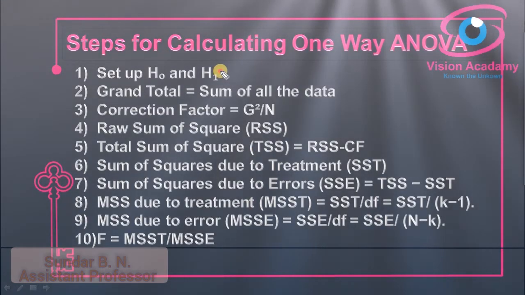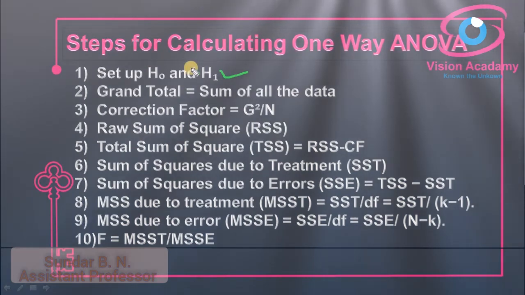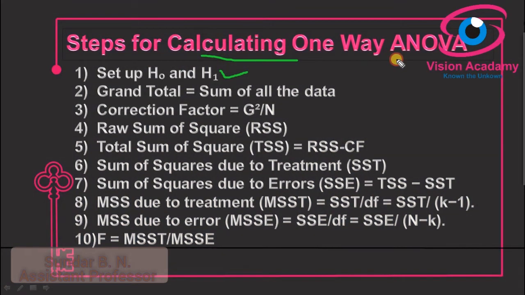In my second video I have clearly explained the steps for calculating one-way ANOVA. Here I will just glance at it for your convenience. Firstly, we have to set up null and alternative hypothesis, and we have to find the grand total and correction factor. For correction factor, G square by n, number of samples, raw sum of square, total sum of square. For total sum of square, the formula is RSS minus CF.